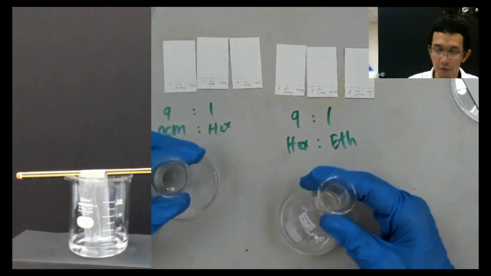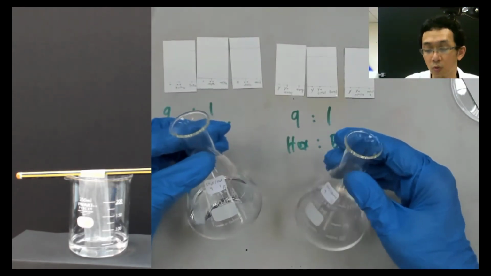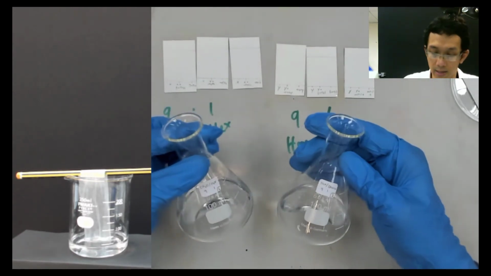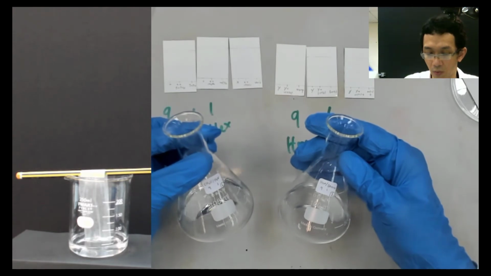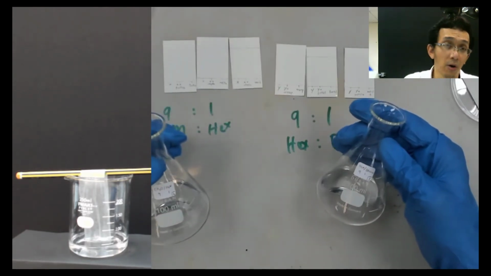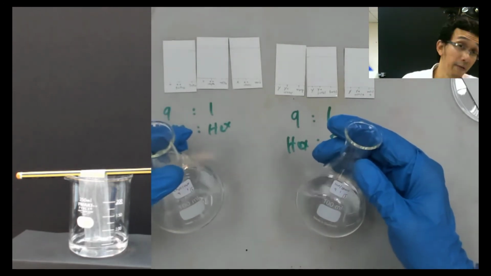So now in front of you, we have these two mobile phases. Previously we used water, but now we use a combination of polar and non-polar. The reason why it is 9 to 1 depends on trial and error. In your lab manual, you will see that it's a little bit different.